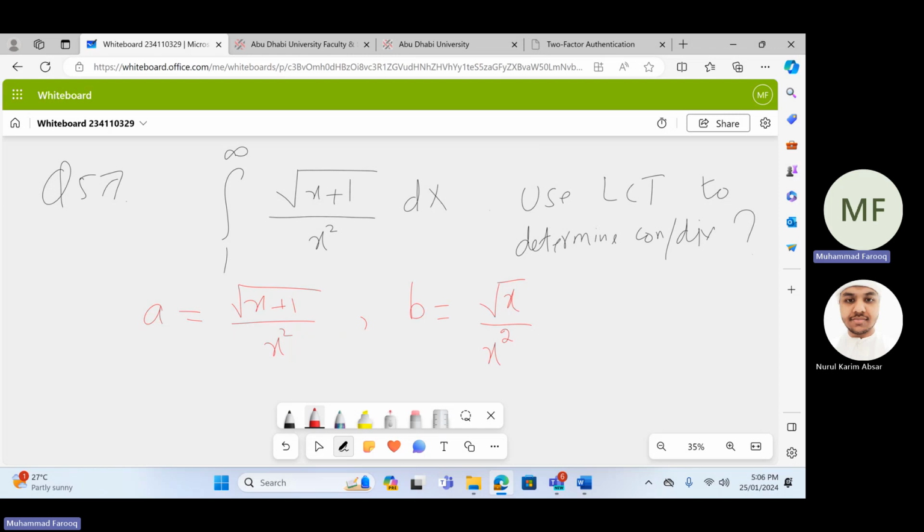In the numerator I have two terms, x and 1. Who is more dominant? x, it has the square root. So take the square root of x. Down, you have only one term, so just copy and paste it as it is.